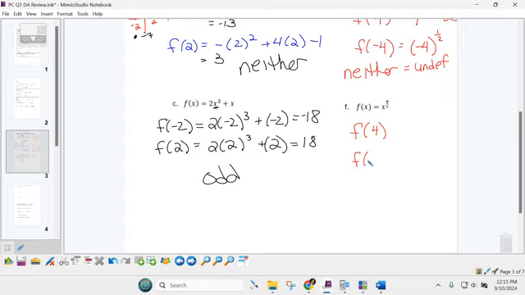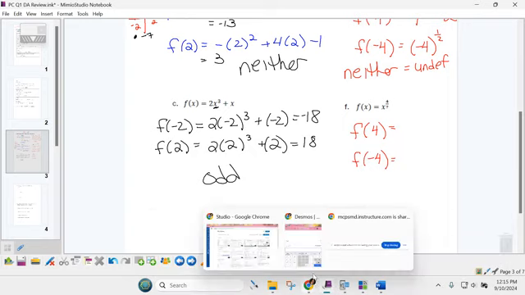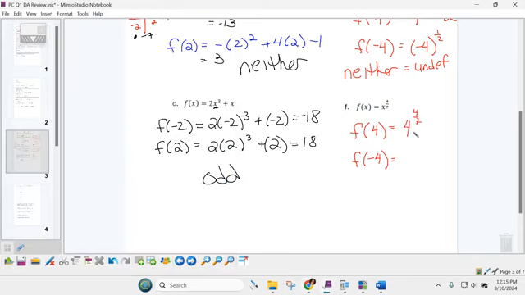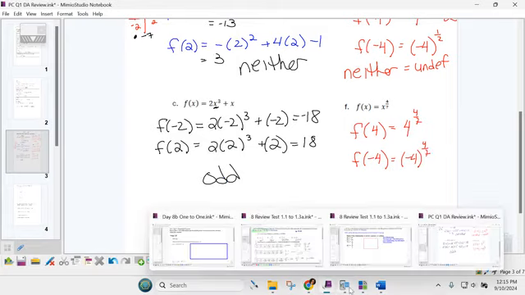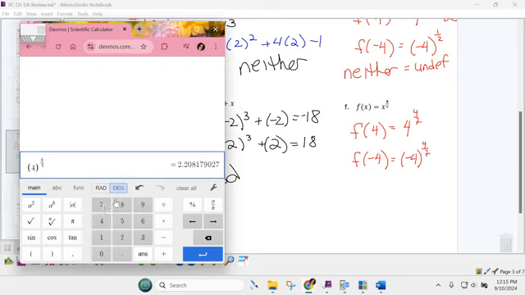All right, let's do another one. Let's do 4 again. Oops. 4 to the 4/7, negative 4 to the 4/7. Too many tabs open. Okay, clear all. .208.